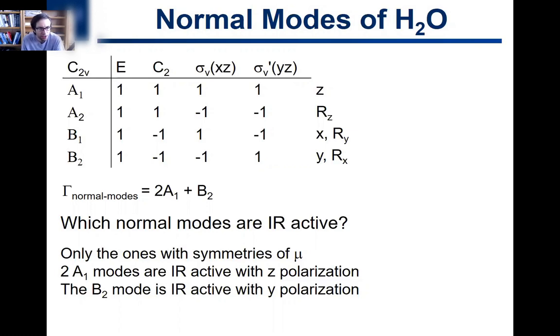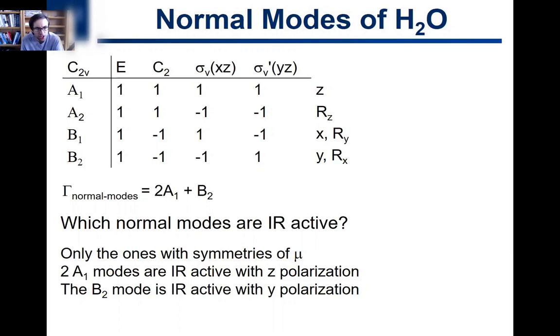For IR spectroscopy, the transition moment operator, which comes from the Hamiltonian in the integral from the Schrodinger equation, is the x, y, and z vectors, okay? Specifically, it's the x vector for x polarized light, the y vector for y polarized light, and the z vector for z polarized light.